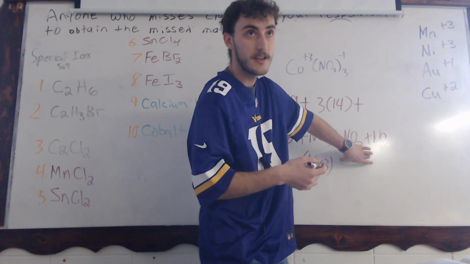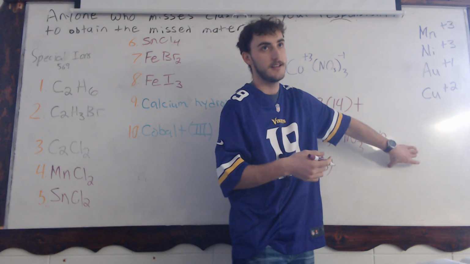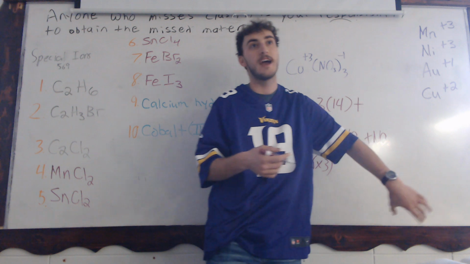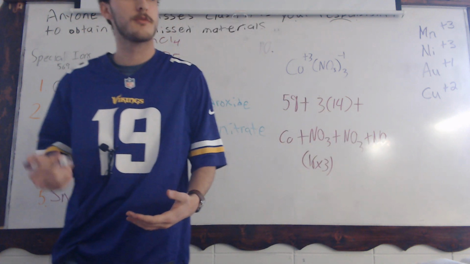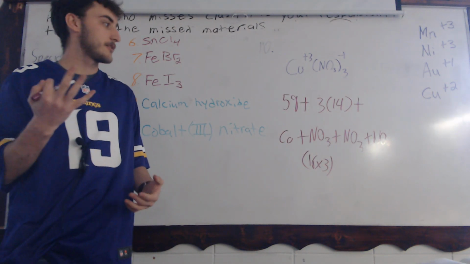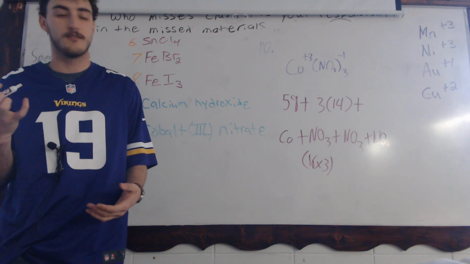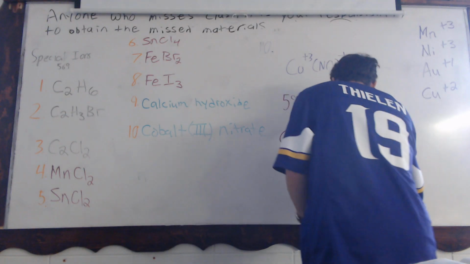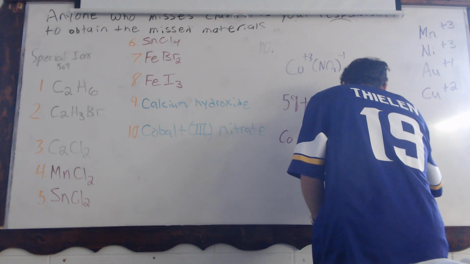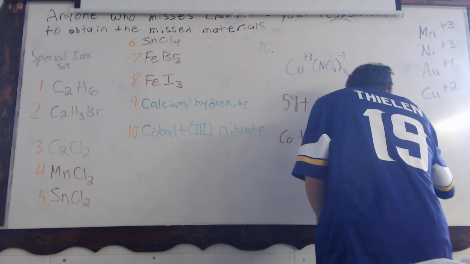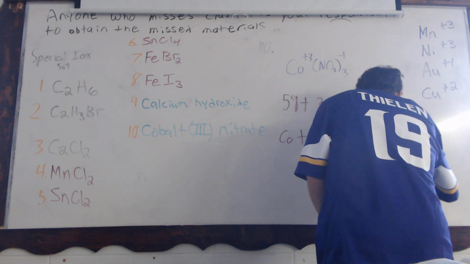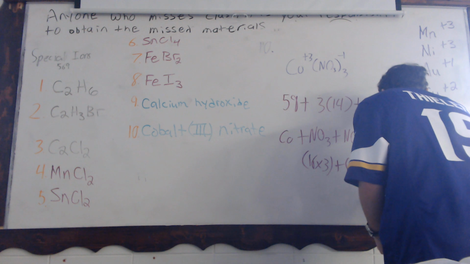So we have another 48, and then we have another 48. So how many 48s do we have in total? 3. Do we add them together to reach our final? 16 times 3 plus 16 times 3.